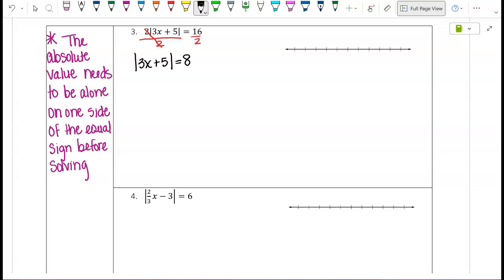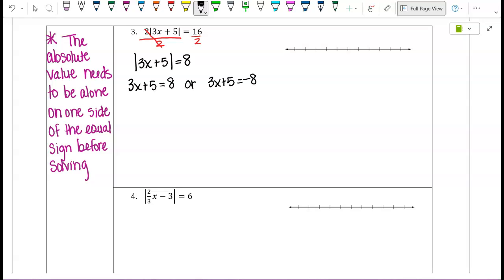Now I have the absolute value on one side, a positive integer on the other side. Now I can break it up into my two equations. So now I can say, well, 3x plus 5 could equal positive 8, or 3x plus 5 could equal negative 8.